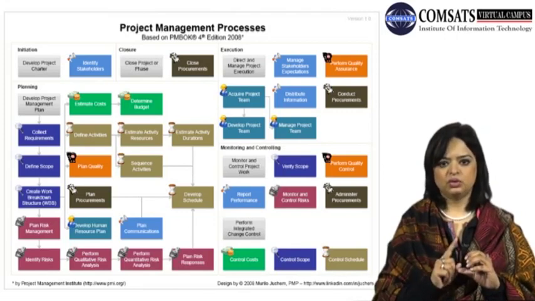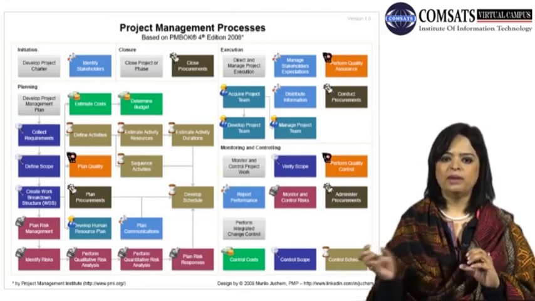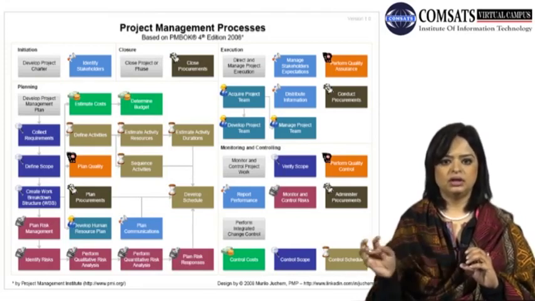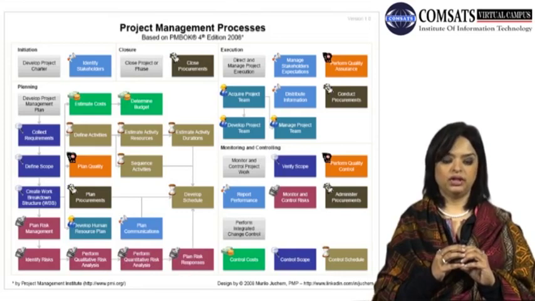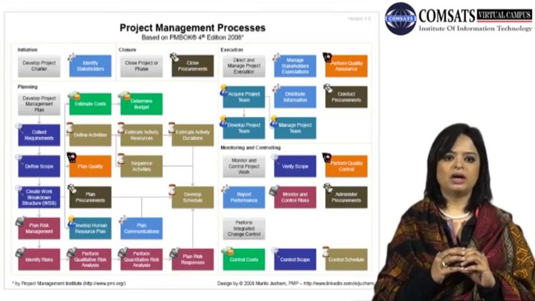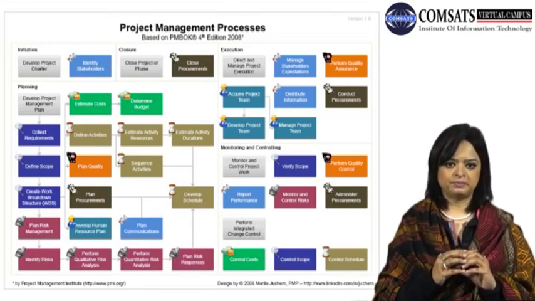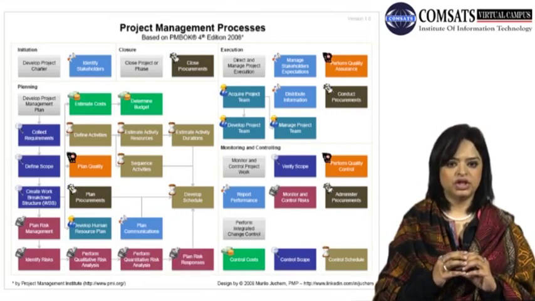There's another process that goes on. While you're managing and monitoring your project activities, there could be a situation of coming across a change. That process is performing integrated change control.